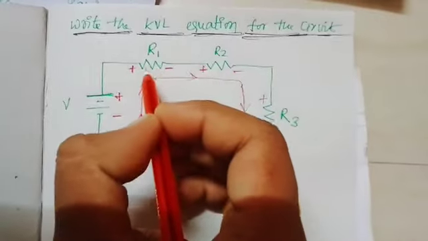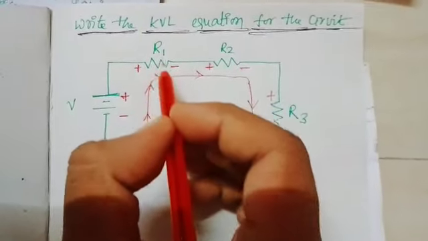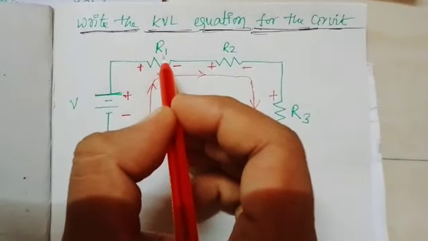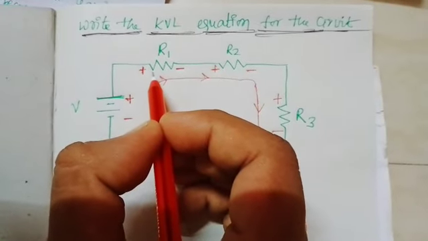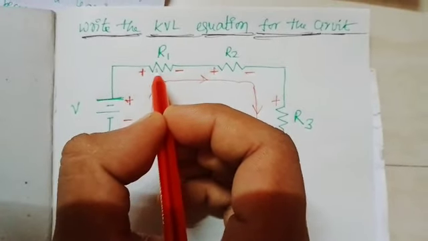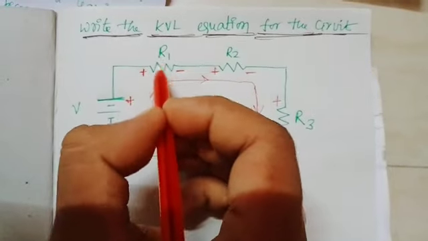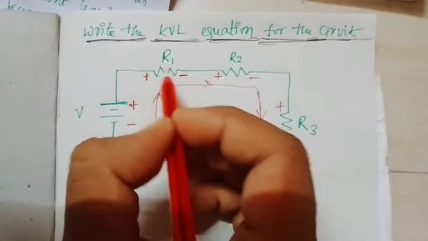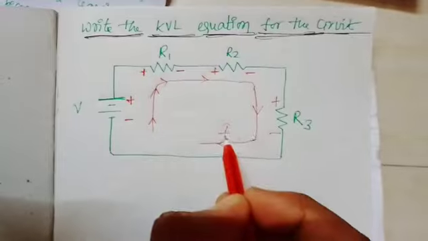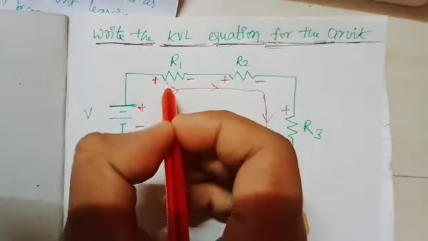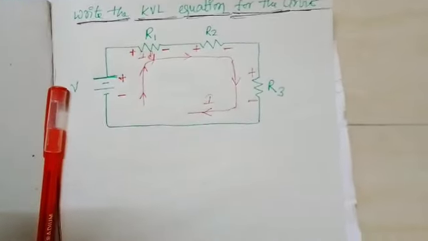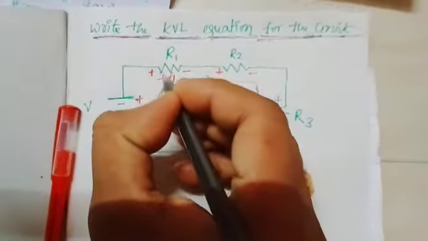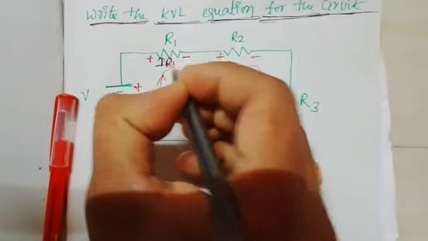Then what is the voltage across the resistor R1? The voltage across the resistor R1 is equal to the voltage drop at R1. So the drop is the current through the resistor R1 times the resistance value. Here the current is I and the resistance value is R1, so the drop is I R1.